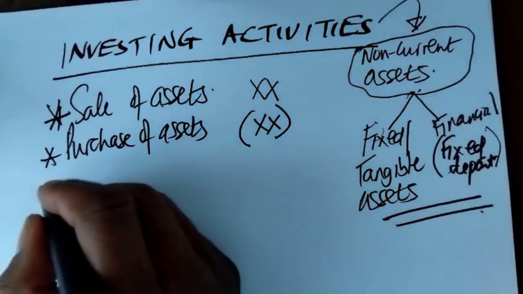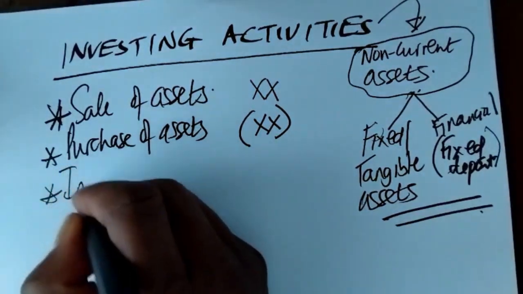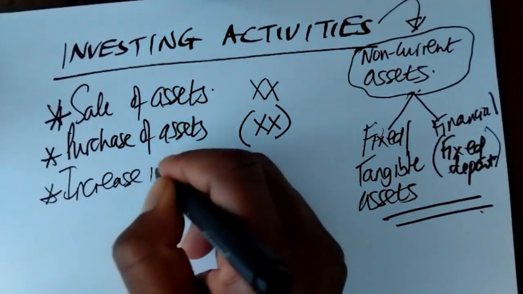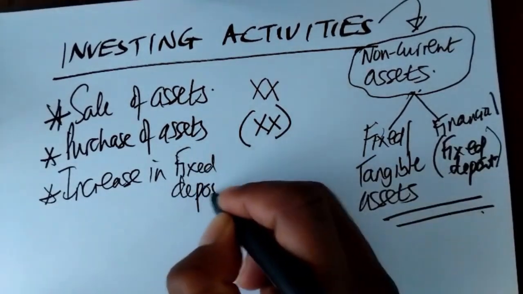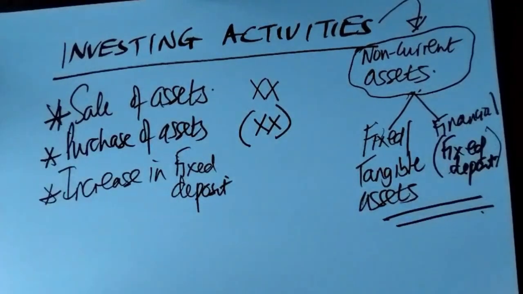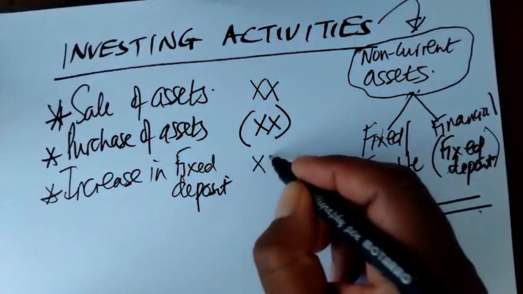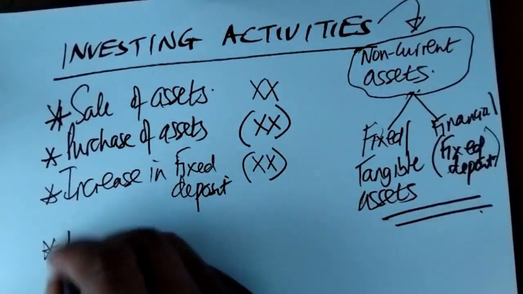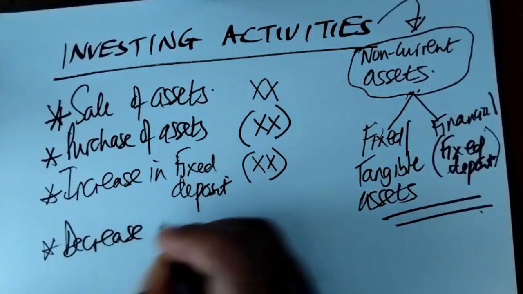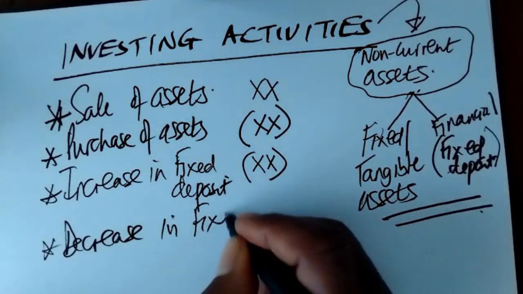And then the fixed deposit, you can have an increase in your fixed deposit. So if your fixed deposit increases, it means you've made an investment. So to make an investment, it means you have to take money out of your business and give it to the institution where you're investing. So an increase is negative. And then there's a decrease in fixed deposit.